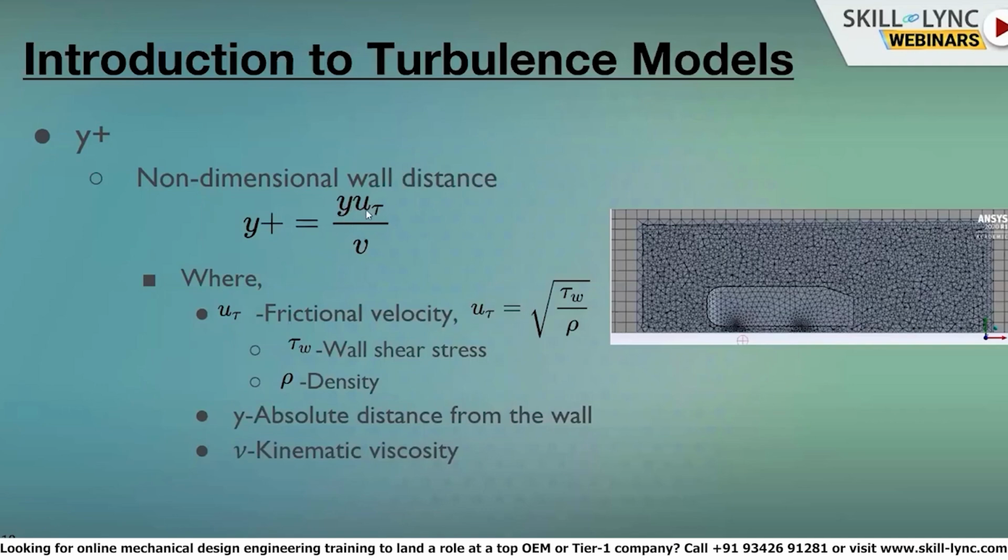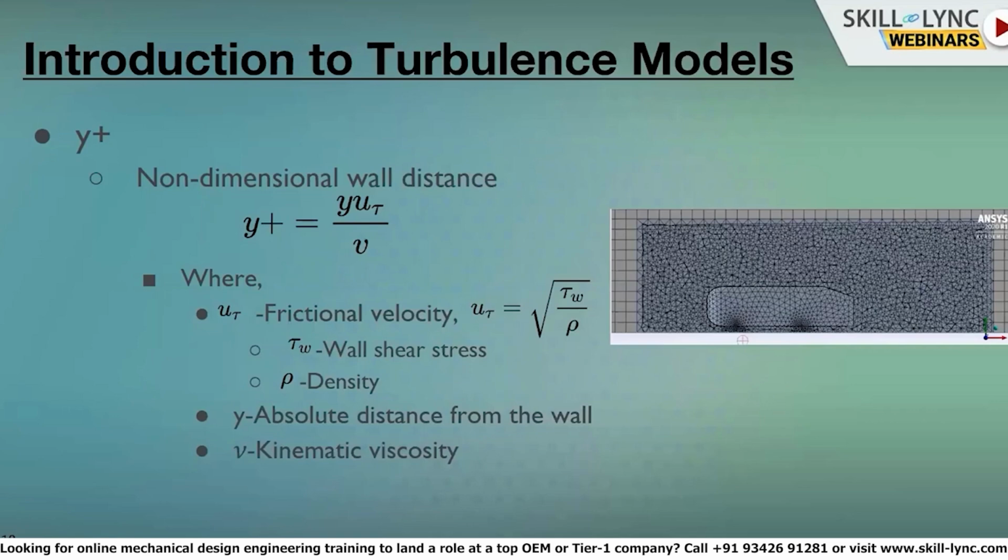And u tau is the frictional velocity, which is given by the square root of the wall shear stress divided by the density of the fluid. In most scenarios, we will not know the actual wall shear stress. But for simple problems, say flow over a flat plate, we know the formula for wall shear stress.